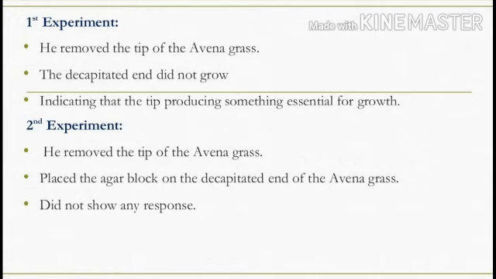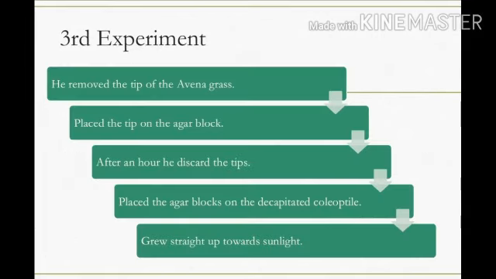So in his first experiment, he just removed the tip of the grass and noticed that the plant did not grow. In the second experiment, he removed the tip and placed the agar block on the decapitated end. Here also the plant did not show any response. And finally, in his third experiment, he removed the tip of the Avena grass.